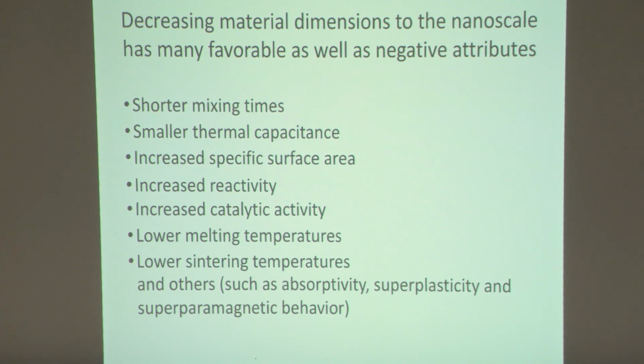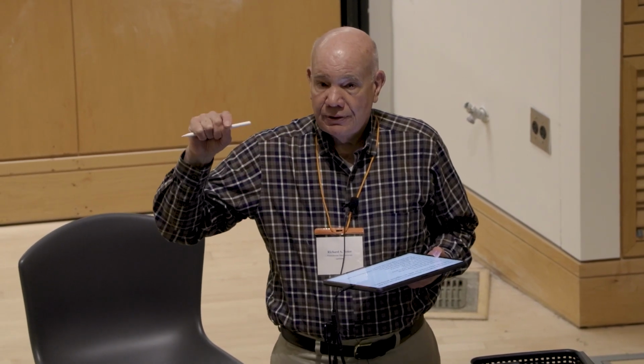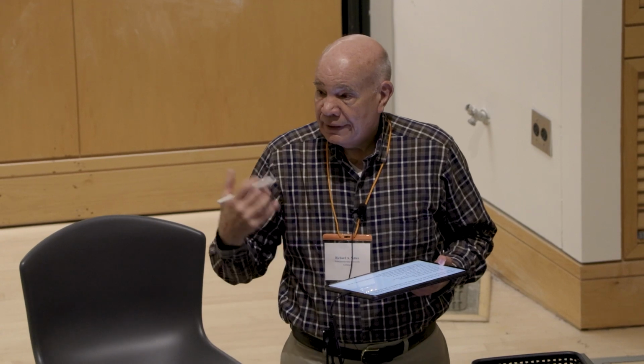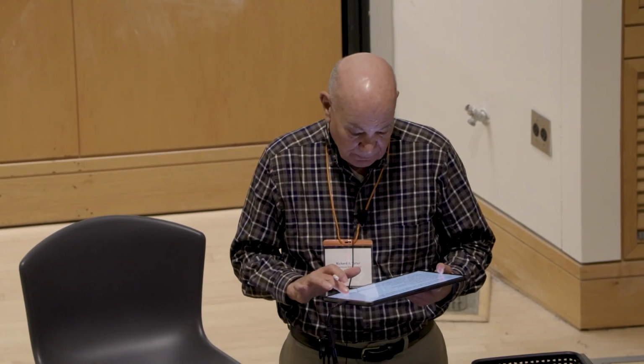The idea behind this is that if I look at a nanoparticle, because of the surface to volume ratio, more of the atoms are on the surface, and the atoms on the surface have a lower coordination. In other words, they have dangling bonds that are not connected to another atom to complete the bonding.